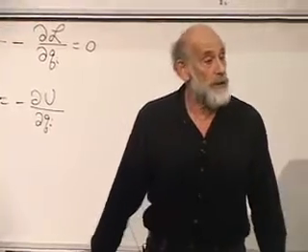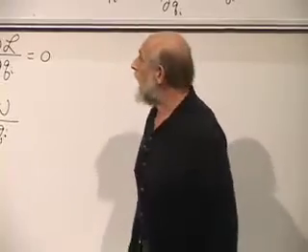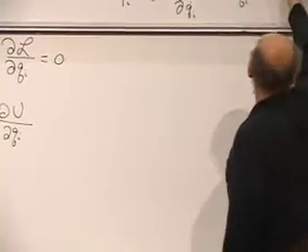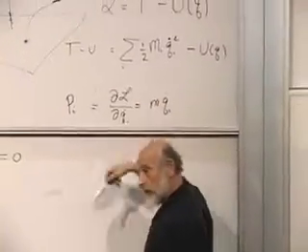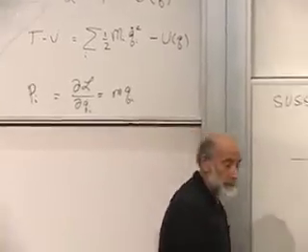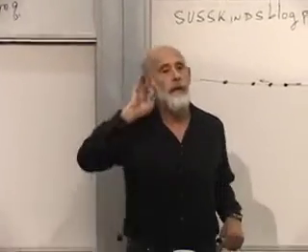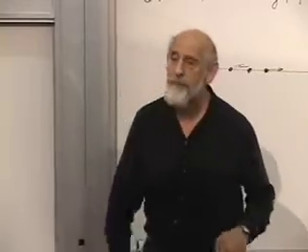Now, there are velocity-dependent forces in nature, and we'll come to them. They tend to happen when there's mixed q and q dot dependence in the Lagrangian. Anybody know any examples of velocity-dependent forces? Yeah, the magnetic force, not on a magnet, but on an electrically charged particle.